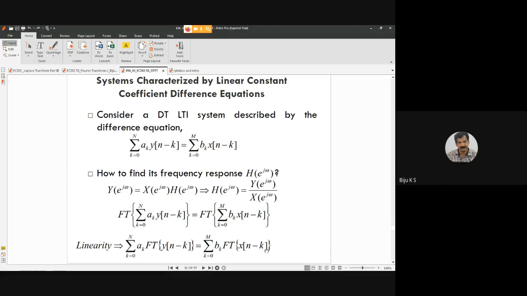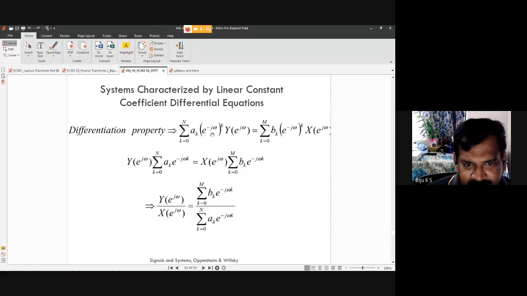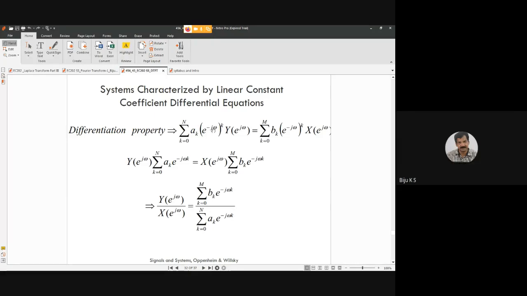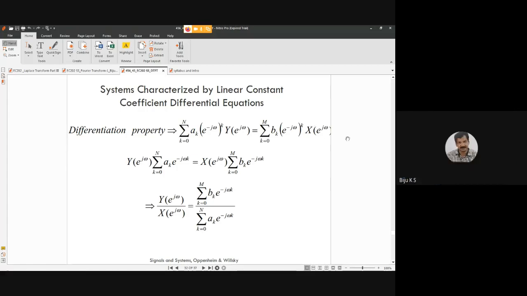So we can take the Fourier transform: summation of k from 0 to n of a_k e^{-jωk}, because a delayed element can be expressed as e^{-jω} the whole raised to k, into Y(e^{jω}), which is equal to summation of k from 0 to m of b_k e^{-jωk} into the input X(e^{jω}).